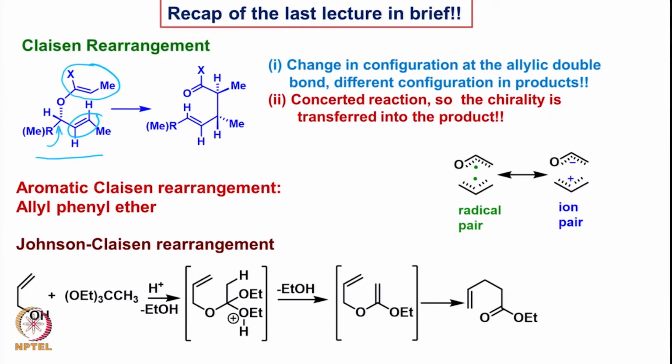Then we also looked at the aromatic Claisen rearrangement, where allyl phenyl ethers react in a similar fashion, with one of the double bonds being part of the aromatic ring.